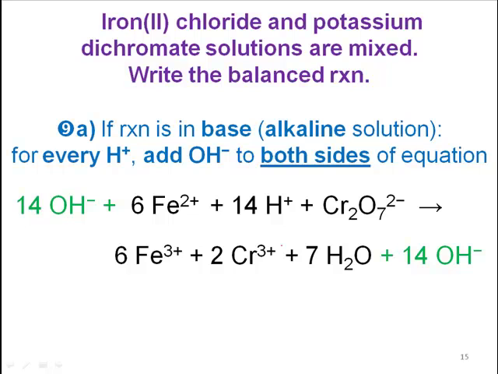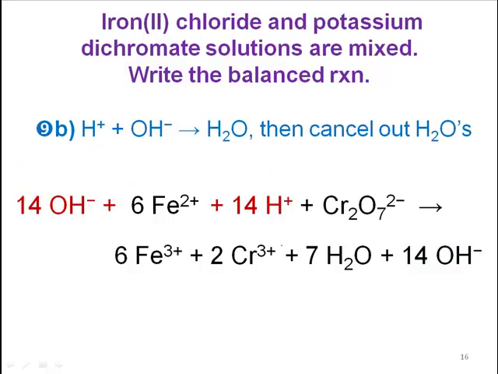The reason why is in a basic solution there's lots of extra hydroxides floating around. So these hydroxides that are floating around attach to the hydrogens, making water. So for every H and OH, water is formed, so it cancels out the OH minus and the H plus.